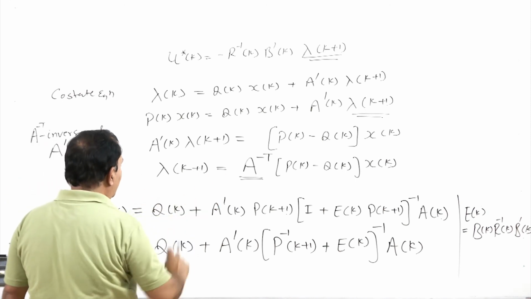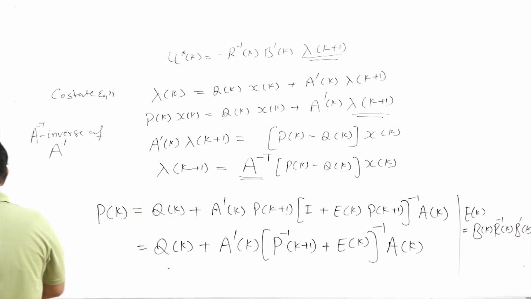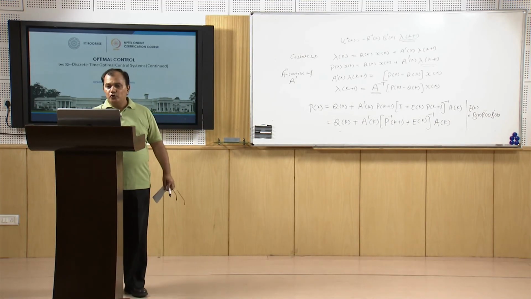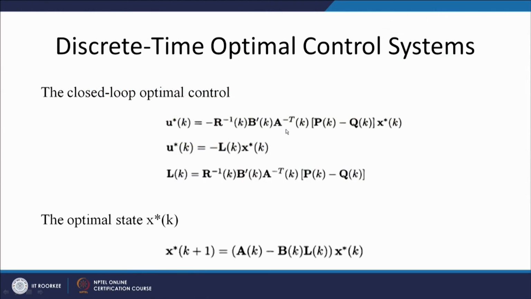So, with this as my lambda k plus 1, I can write my U star k as R inverse B prime k, and lambda k plus 1 I am replacing with inverse of A transpose multiplied with Pk minus Qk into Xk. This means I am representing my Uk in terms of the Xk, so that I can utilize closed loop control.